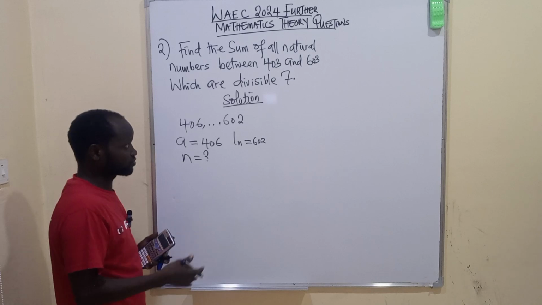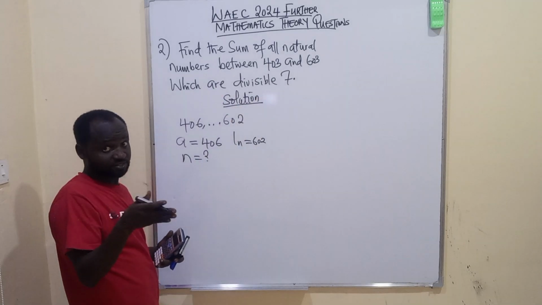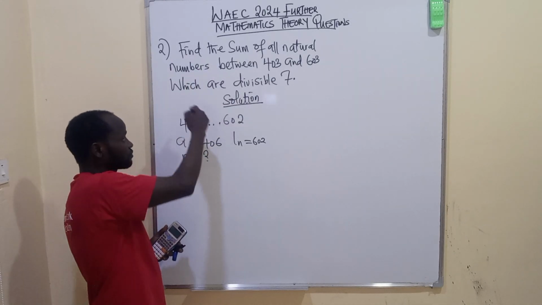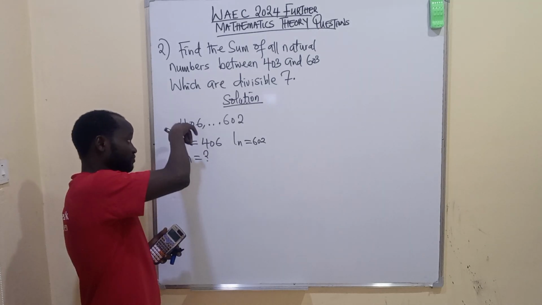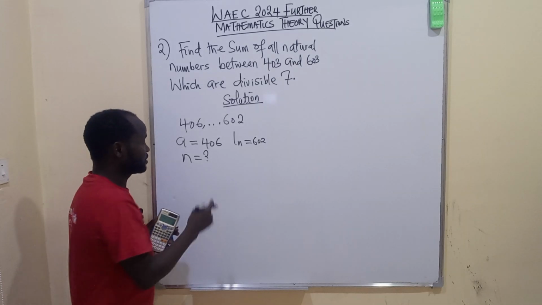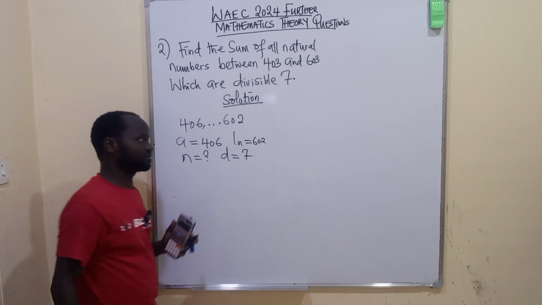The common difference, of course, will be 7, because if you add 7 to this, we'll get 413, and 413 will be our second term. So to find the common difference, when we are looking at arithmetic progression, it is T2, the second term, minus the first term. So the common difference D now will be 7.